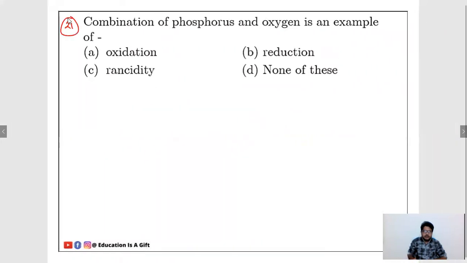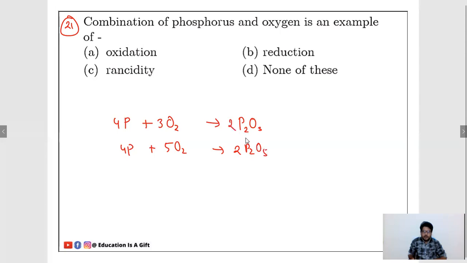21st question. Combination of phosphorus and oxygen is an example of. So phosphorus P plus oxygen O2 gives rise to phosphorus oxide, P2O3, or we can write this equation as 4P plus 5O2 gives rise to 2P2O5.